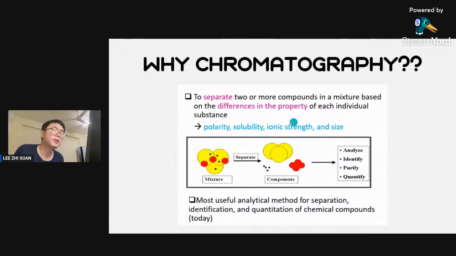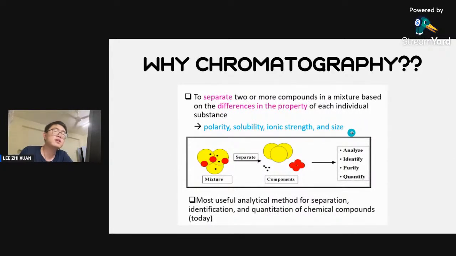Or solubility. Some components are soluble in water, some are soluble in solvent, right? So based on that solubility, we can also separate them. Ionic strength: some is ionic bond, some is covalent bond, some is hydrogen bond, some even just the weak van der Waals force. We can also base on that, and the size.